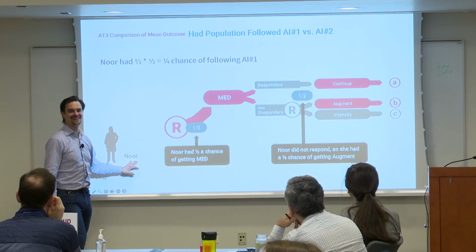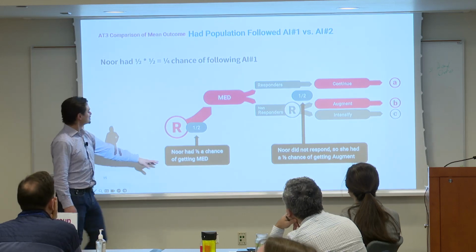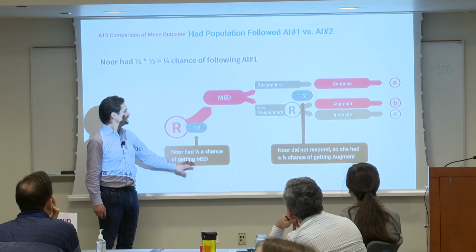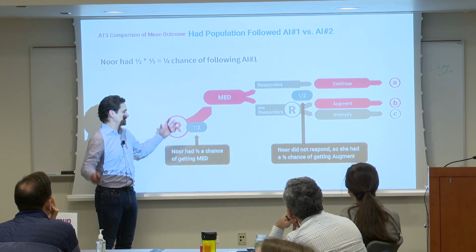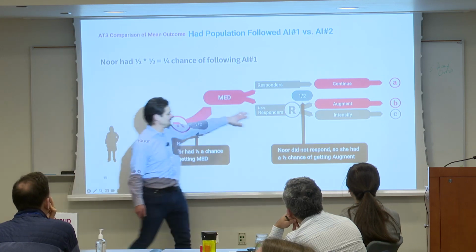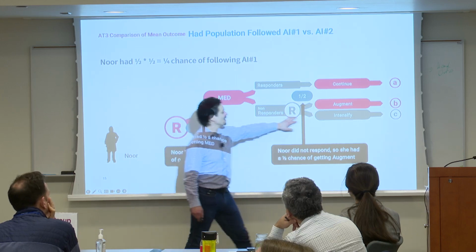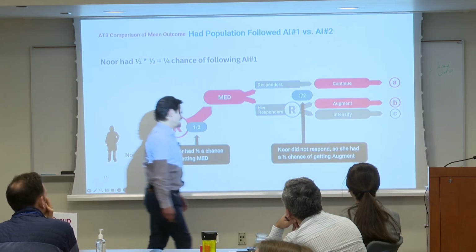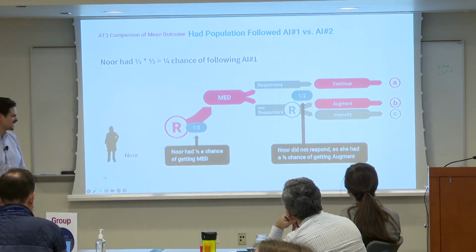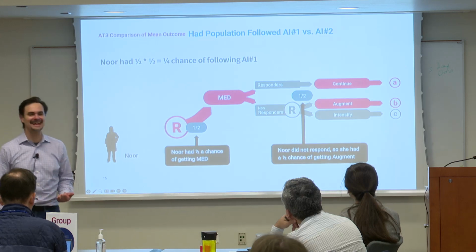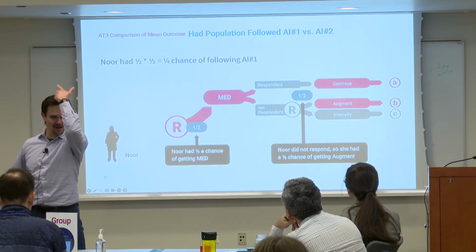I love that name, Noor. Noor also had a half chance of getting MED. You had nothing to do with it, right? But Noor ended up being a non-responder, and Noor ended up being here. So what happened? Noor did not respond, so it's kind of like I chopped Noor in half.